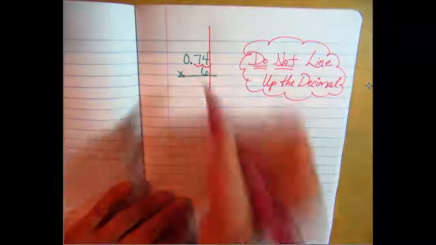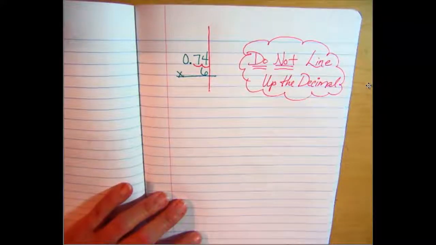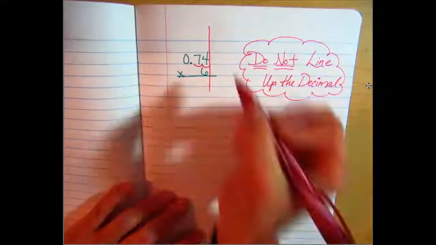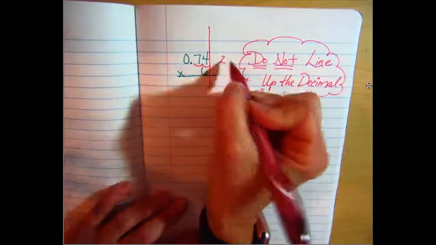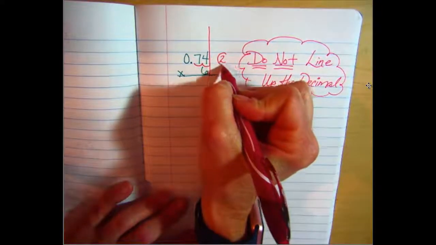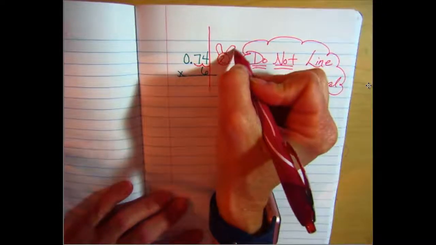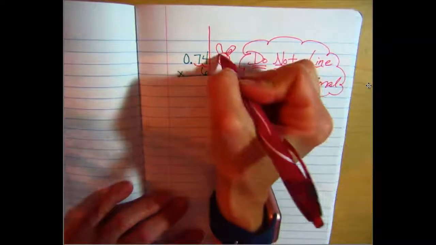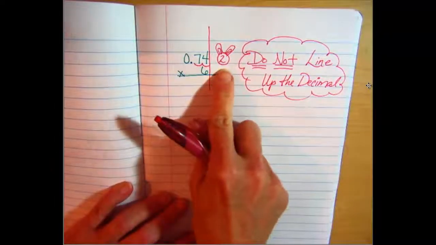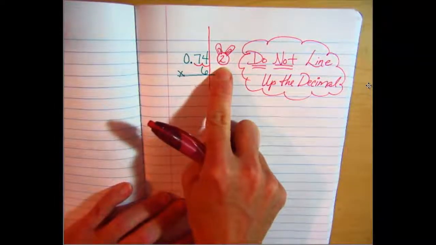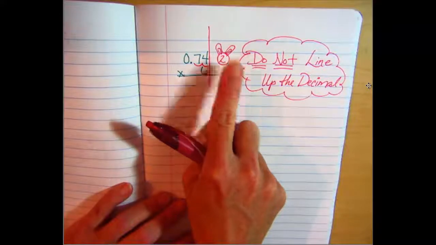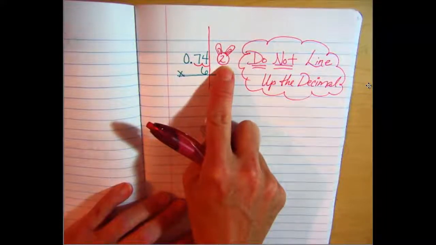How many digits are in decimal land on that number? 2, okay? I'm going to put a little 2 out to the side. And this is my little bunny that's going to hop at the very, very end. We're going to put our little bunny out to the side, and he's going to get to do 2 hops when I'm done doing my multiplying job.